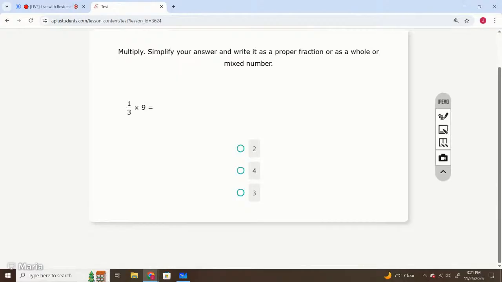So which is the correct option? 3 times what number is 9? 3 times 3 is 9. The correct option is 3.